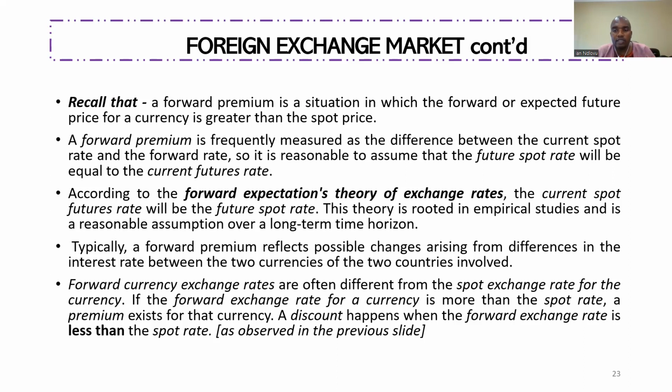This theory is rooted in empirical studies of empirical finance, and it's a reasonable assumption over a long-term time horizon. Typically, a forward premium reflects possible changes arising from differences in the interest rate between the two currencies of the two countries involved in foreign exchange markets.